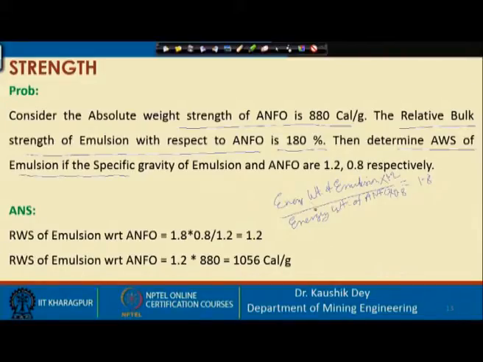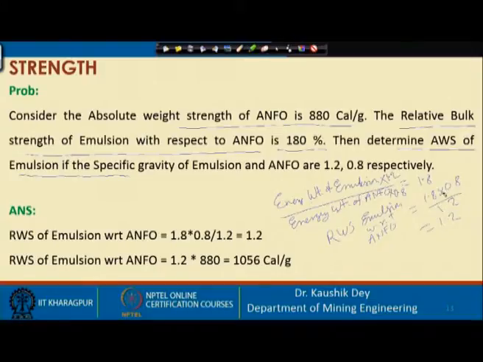So, now the energy obtained from the weight of emulsion and the energy obtained from the same weight of ANFO, this ratio is nothing but the relative weight strength of emulsion with respect to ANFO, which is equal to 1.8 into 0.8 by 1.2, that is equal to 1.2.